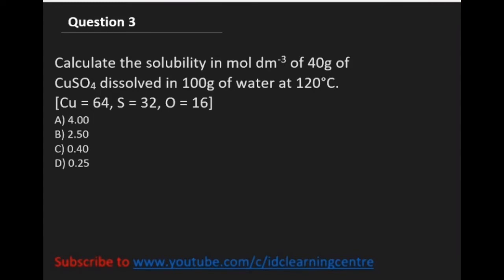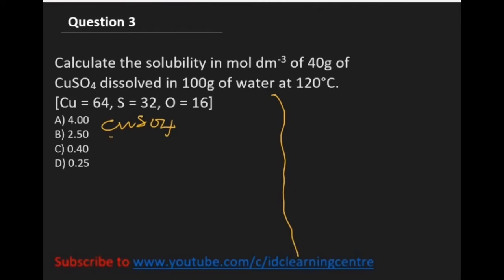To solve this, we'll first calculate the molar mass of copper 2 tetraoxosulphate 6, which is CuSO4.